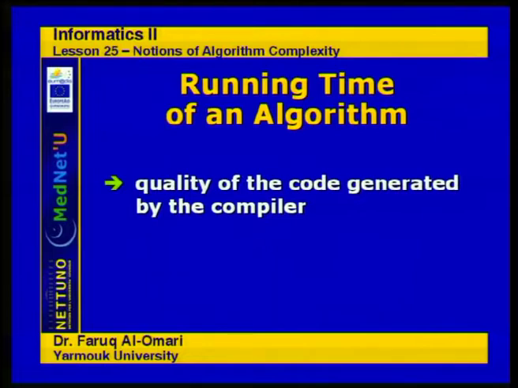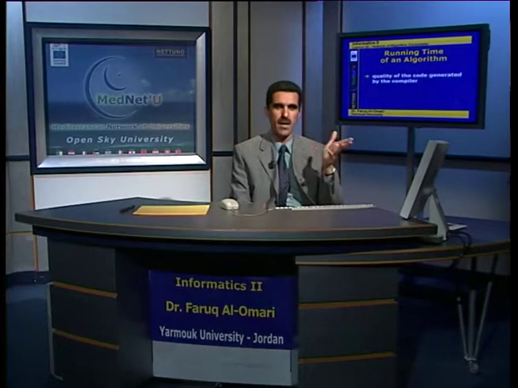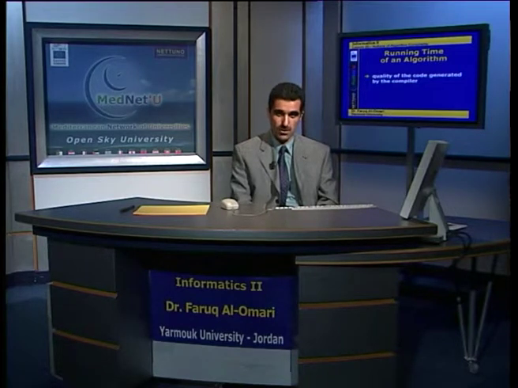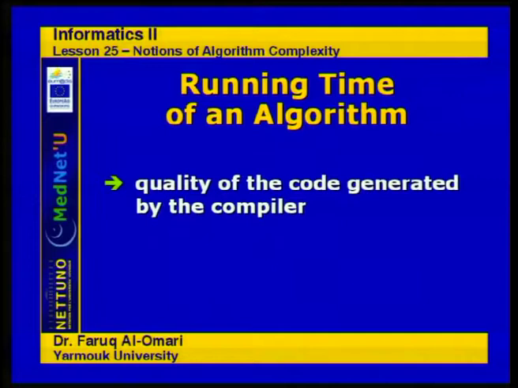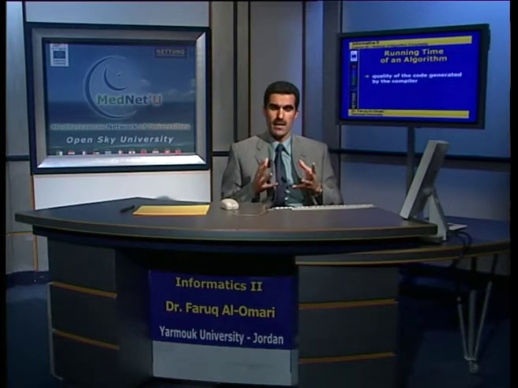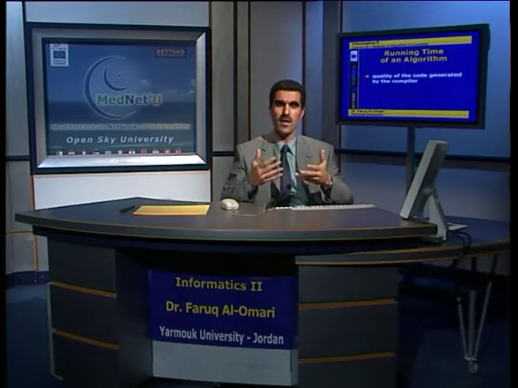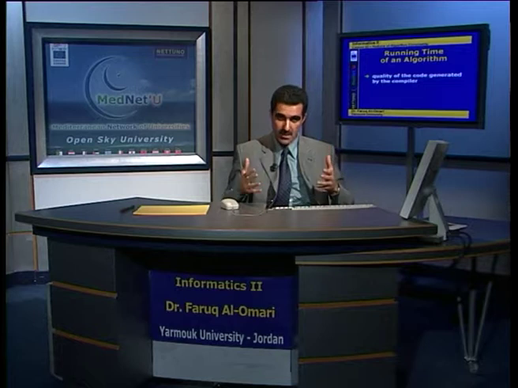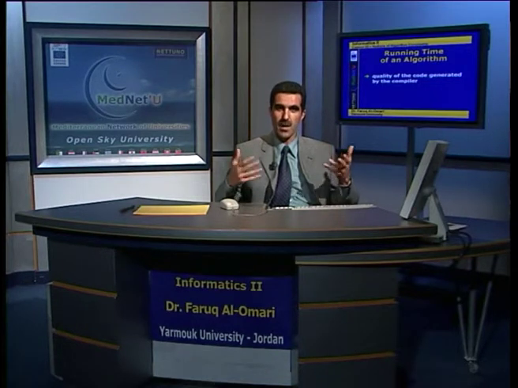Quality of the code generated. And that's your responsibility now as a professional programmer after you finish this Informatics 2 course. The quality of the code generated by the programmer and then by the compiler, of course. When you write your code, you're going to send it to the compiler so that it checks the syntax basically, and it will generate the object file.